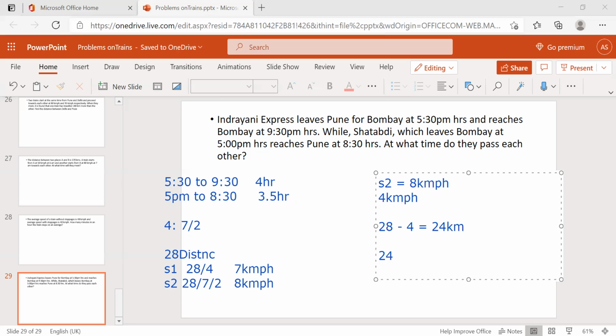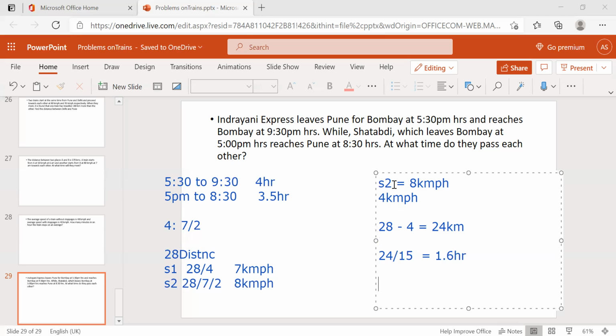So 24 divided by 8 plus 7, which is 15. 24 by 15 gives 1.6 after canceling. This is time, 1.6 hours.